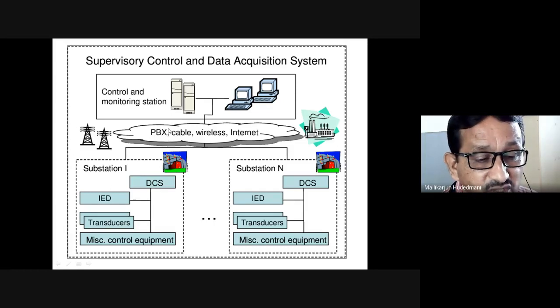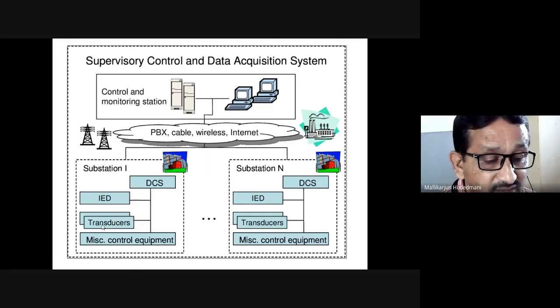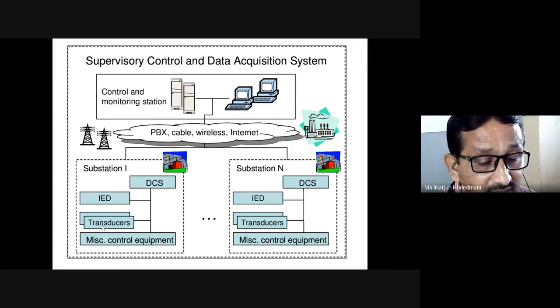So private exchange, cable, wireless, internet, anything of that, that is connected to station number 1, station number 2, 3, 4, like that. Substation I have mentioned here as an example. So from this substation, you look into the arrangement of it. The information from these intelligent electronic devices, transducers, which transform the information of one form of signal into an electrical form of signal, miscellaneous control equipment, and distributed control system, DCS.